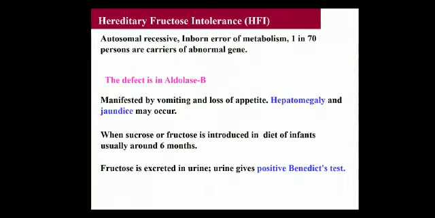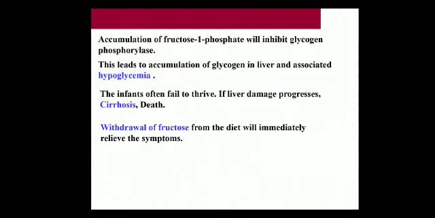Hepatomegaly, that is liver enlargement, can be seen along with jaundice. When fructose or sucrose is introduced in the diet of infants, usually around 6 months, fructose is excreted in urine, which gives a positive Benedict's test. Since it is a reducing sugar, it gives a positive Benedict's test. This is how it is diagnosed.